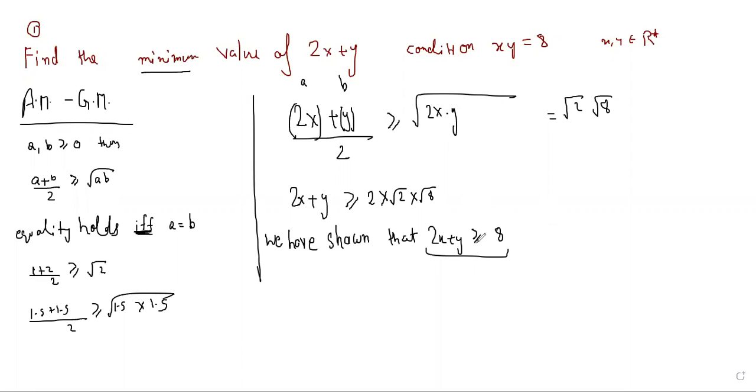Now, to show that 8 is the minimum, we have to find x and y for which 2x plus y actually becomes 8.